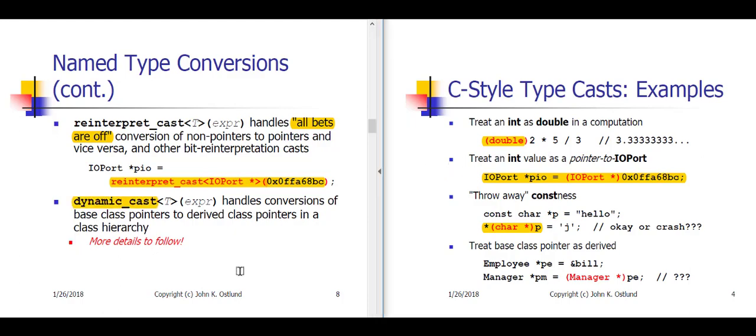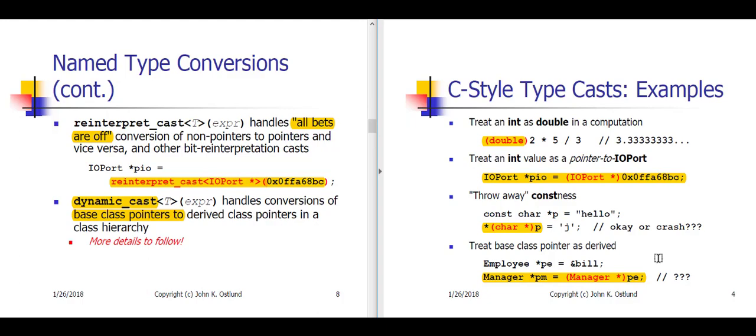Dynamic cast handles conversions of base class pointers to derived class pointers. That is, dynamic cast allows us to do the kind of thing we did here on the bottom of slide 4, take a base class pointer and convert that into a derived class pointer.